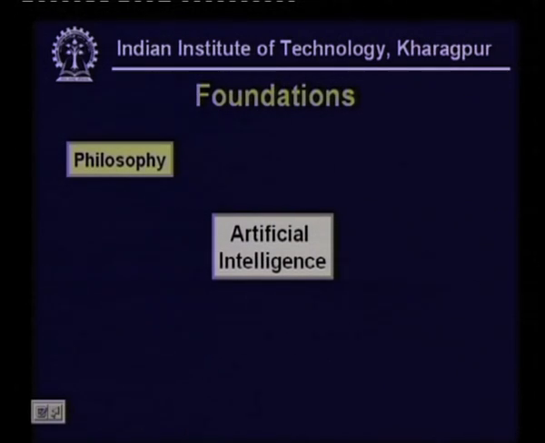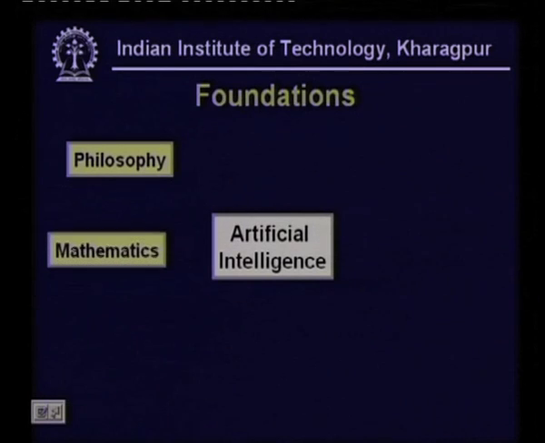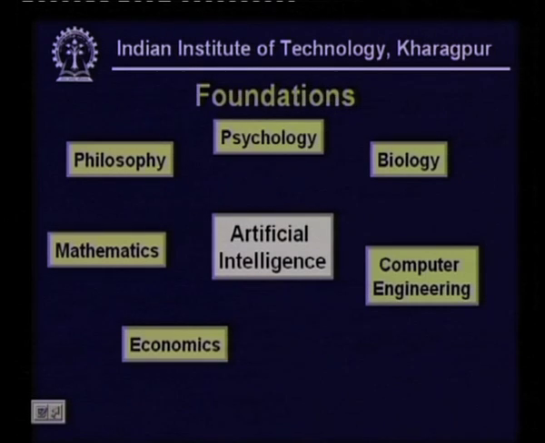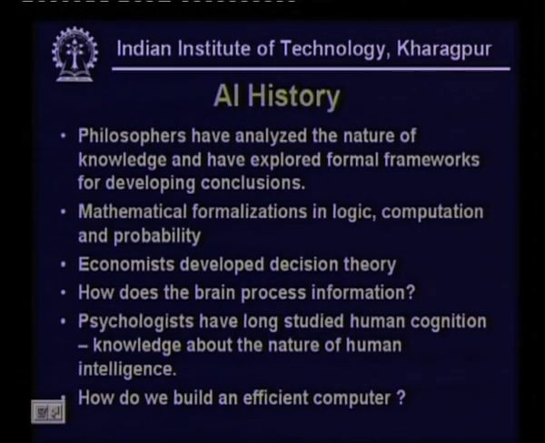Artificial intelligence draws from many areas, from philosophy, from mathematics, from economics, biology, psychology, from computer engineering, and also from linguistics. Philosophers have analyzed the nature of knowledge and have explored formal frameworks for developing conclusions. There have been mathematical formalizations in logic, in computation, and probability.